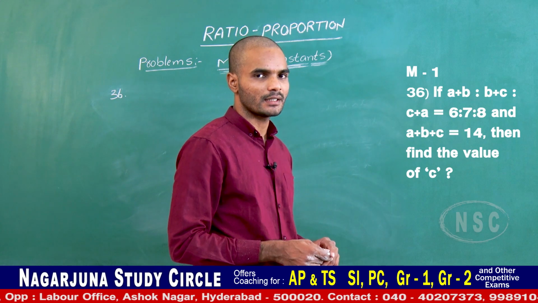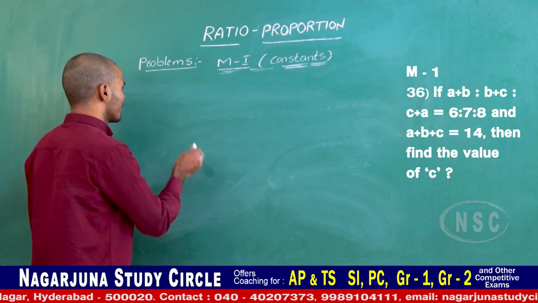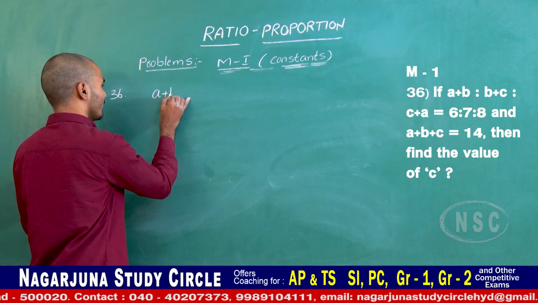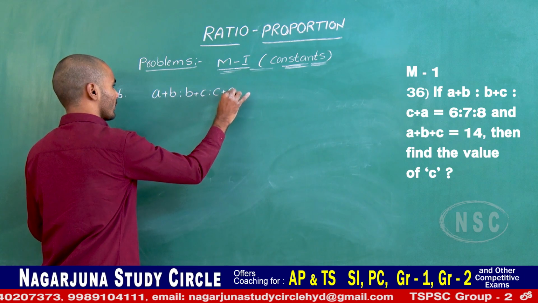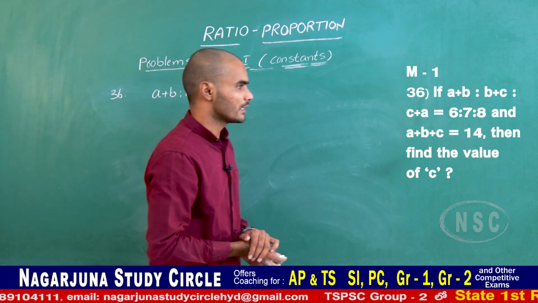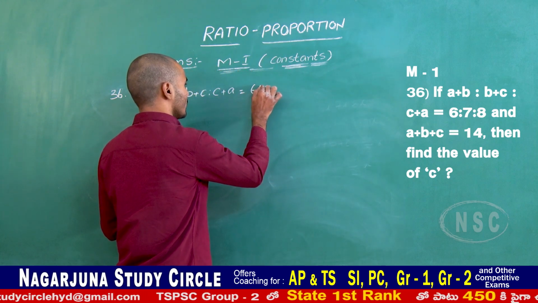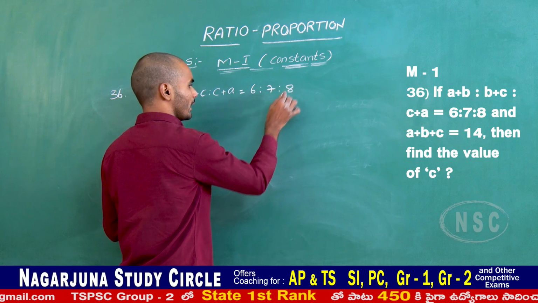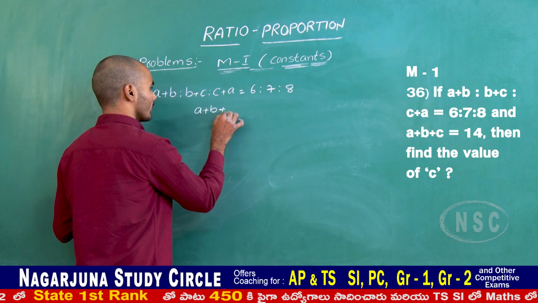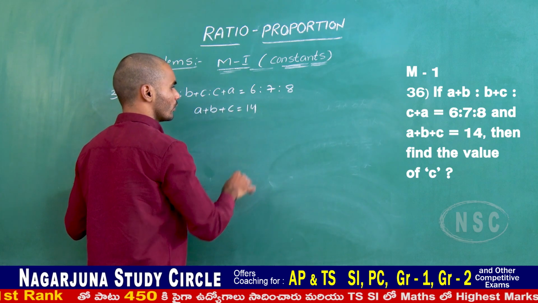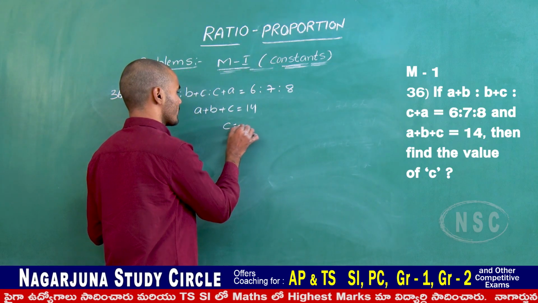Then find the value of C. The given data is A plus B, B plus C, C plus A equal to 6 is to 7 is to 8, and A plus B plus C is equal to 14. Then find the value of C.